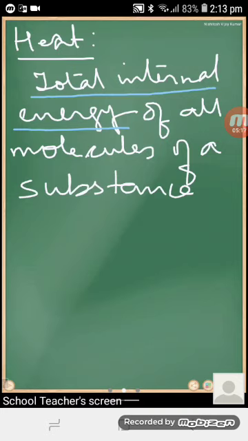So if I'm talking about the heat of our body, the total internal energy of all the molecules present in our body will be called the heat of the body. If I'm talking about the heat present in water, or in copper, or in any other substance, what we mean is that the total sum of energy present is called the heat of the body.